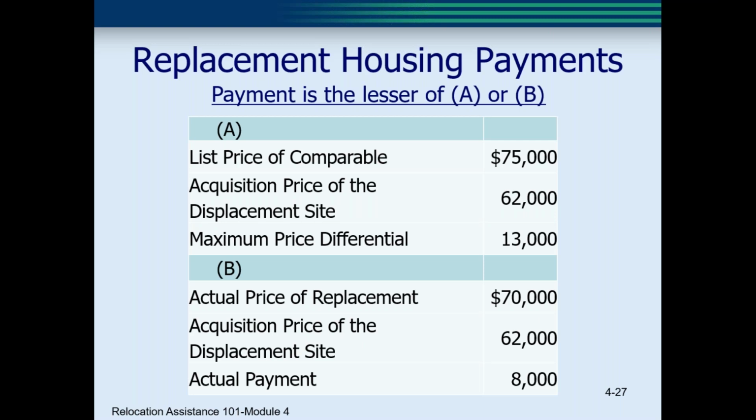So your determination for an RHP, the maximum they could have received, was $13,000. The house that they actually purchased cost $70,000, less than your prime comp. So you're going to take the amount of what they actually purchased minus the acquisition price, and what they will actually receive as an RHP is $8,000, because that's all they needed.